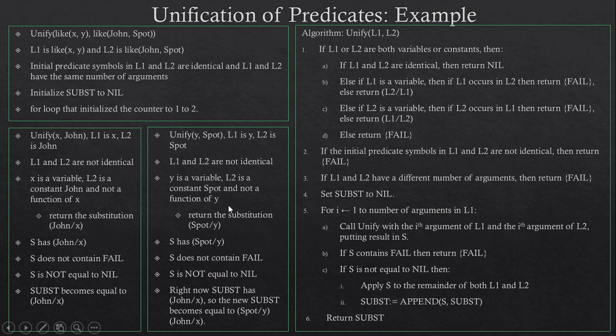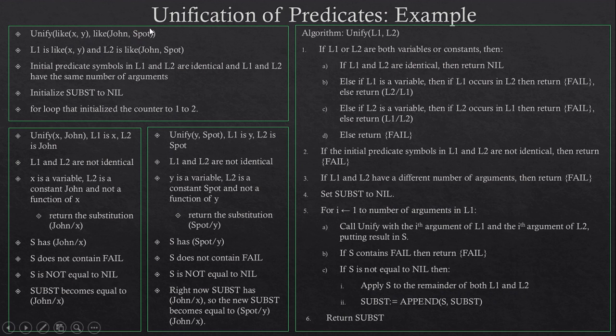We return to the place where this algorithm was called last. That's the first step of the for loop. The returned substitution is caught in S. Now S has John for X. Next step, S does not contain fail, so we move to the next step. S is not equal to nil, so we enter the true section of if. We search in the second argument of L1 and L2 if there is an X for substitution as John.